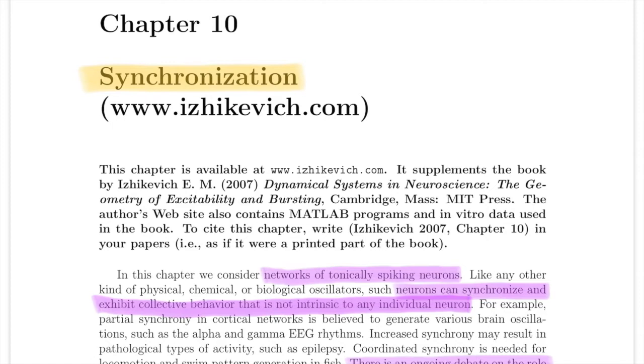So the idea is that until now we were talking about spiking of one single neuron, but now, in general, we are looking at the brain as a network of spiking neurons.